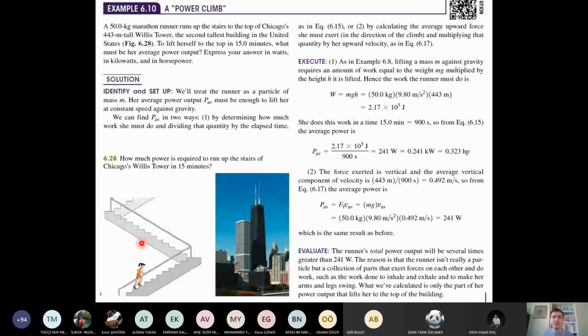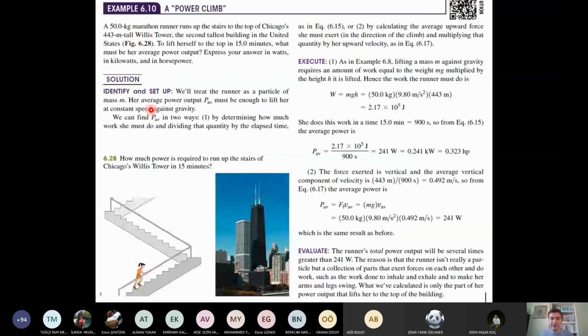Only the normal force is acting on this runner. Due to this upward force applied by the surface of the stairs, this lady moves in upward direction.